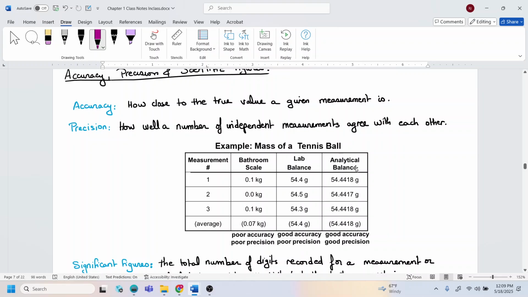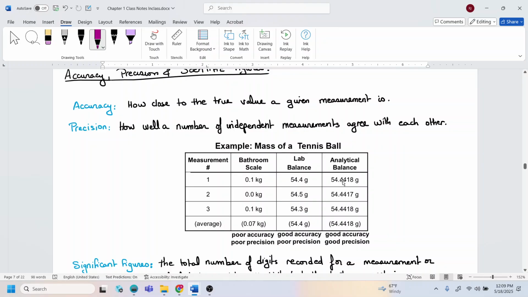Now, going to the analytical balance, and this is what we normally use in the lab in order to mass solids or mass liquids. The analytical balance does have multiple significant figure digits after the decimal point, which makes it more precise and more accurate. So the three measurements here start with 54, so this is a good accuracy.